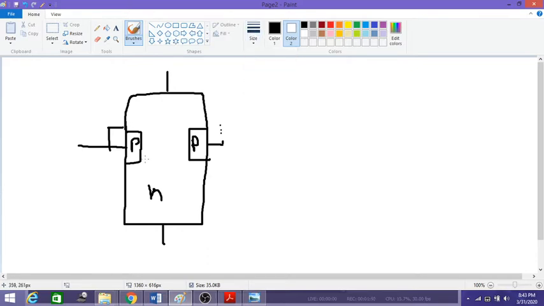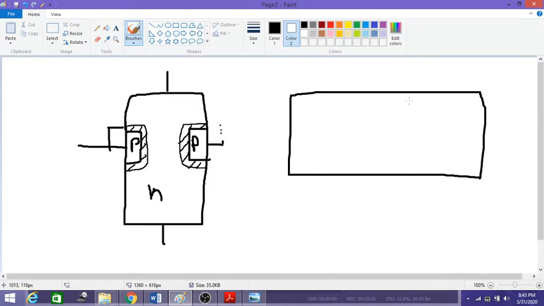When you diffuse a P-type material with N-type material, a thin layer is always formed on either side of this diffused layer. This is called the depletion region. As we have already studied in diodes, when we combine P-type and N-type semiconductor material, a junction is formed in between.